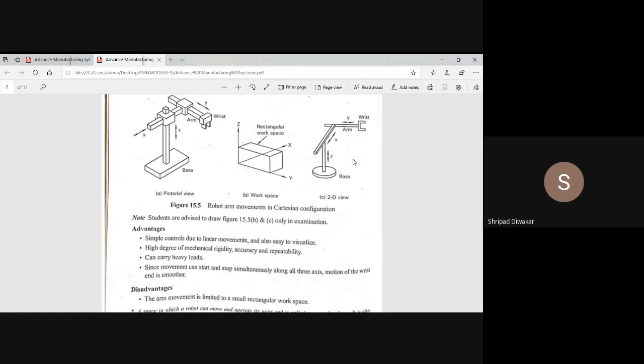These are the advantages of Cartesian configuration robots.